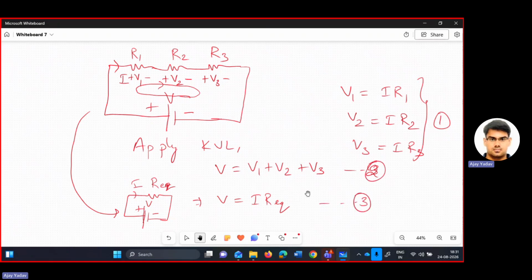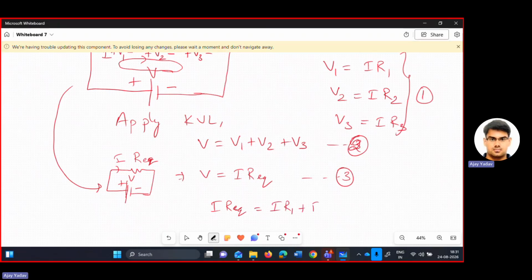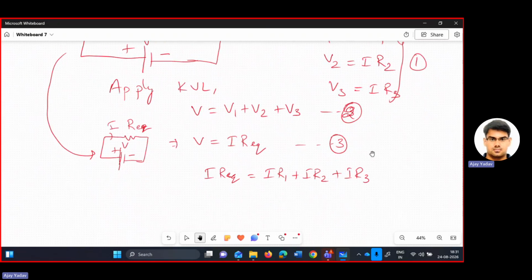So when you put the value of V from equation 3 and V1, V2, V3 from equation 1, you get I into R equivalent equals I into R1 plus I into R2 plus I into R3. In this case, you can take I common.